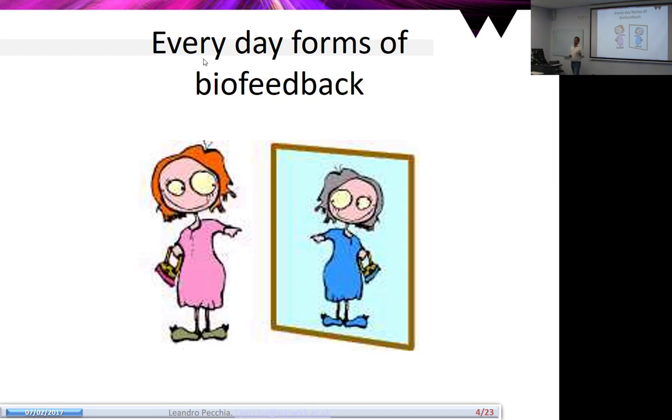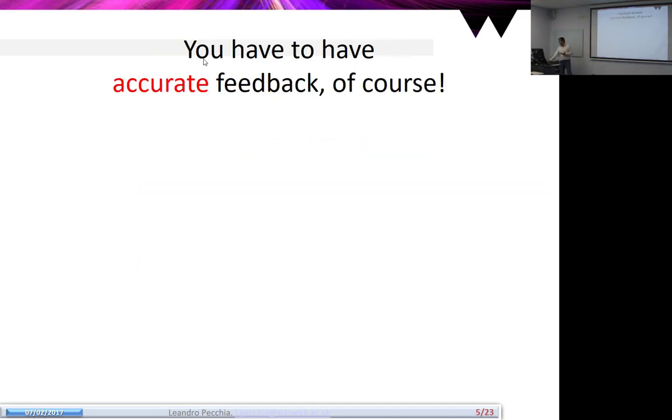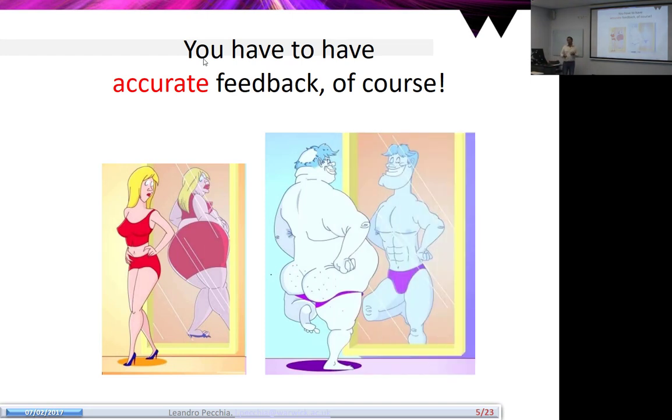But the first step in order to have a good approach to biofeedback is really to have an accurate biofeedback. For instance, I need to be able to properly interpret the images that I get from the world which is surrounding me. So if I am in such a situation, that's something that I need to correct.